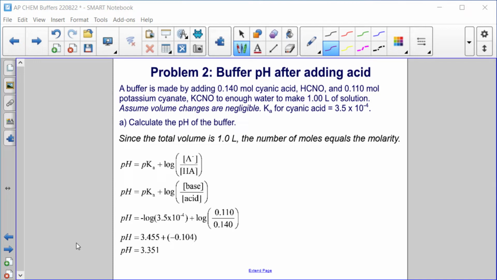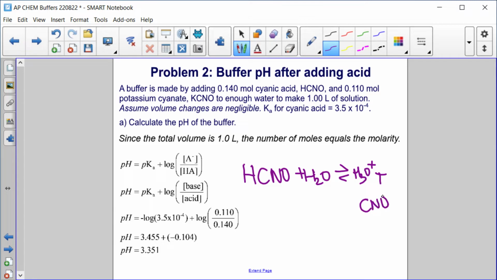The Henderson-Hasselbalch equation can be used where the pH is equal to the pKa, the minus log of the Ka, 3.5 times 10 to the minus 4, plus the log of the base concentration over the acid concentration. So in this case, HCNO in water produces H3O plus and CNO minus.